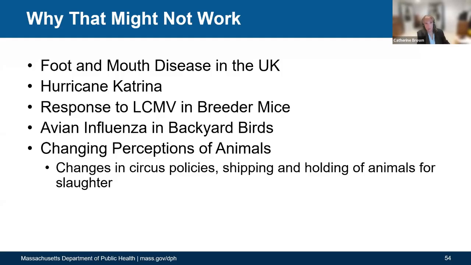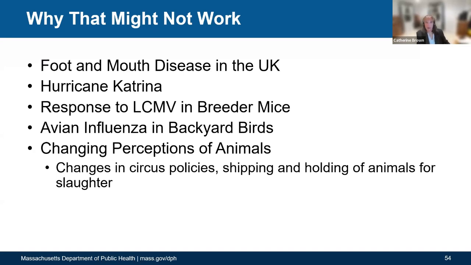There were large numbers of suicides by farmers who had just lost everything. And so there was a recognition that that approach, while sometimes necessary, also has really bad impacts on the people. Hurricane Katrina, when we realized that people were not going to evacuate without their pets, right? That also was a signal to us.